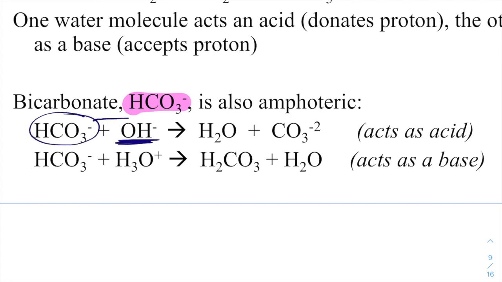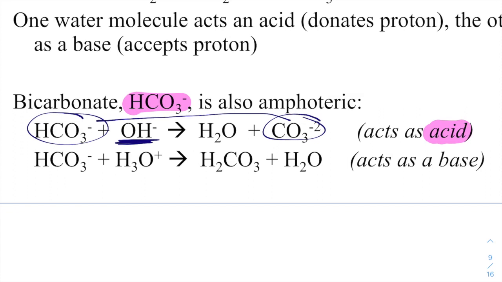Well, bicarbonate becomes CO3. So to go from here over to here, by definition, the bicarbonate had to lose its H plus. And so the bicarbonate actually acts like an acid because it donates its H plus.